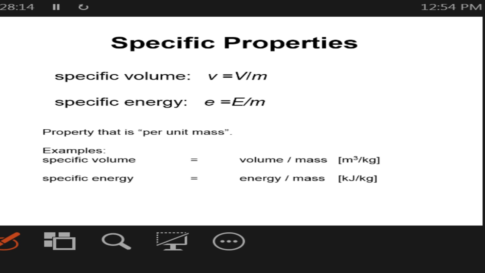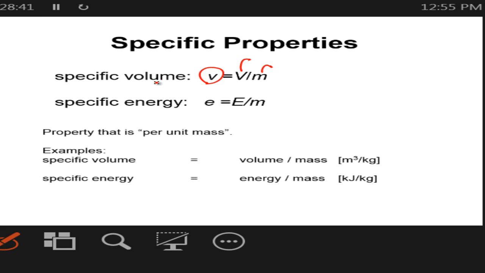Specific properties. Did you know that you could take volume and divide it by mass? We just said volume's extensive. Mass, extensive. I take the ratio of two extensive properties, I get specific volume, intensive. So this one's intensive. Often what you do is you just normalize the property per unit mass.